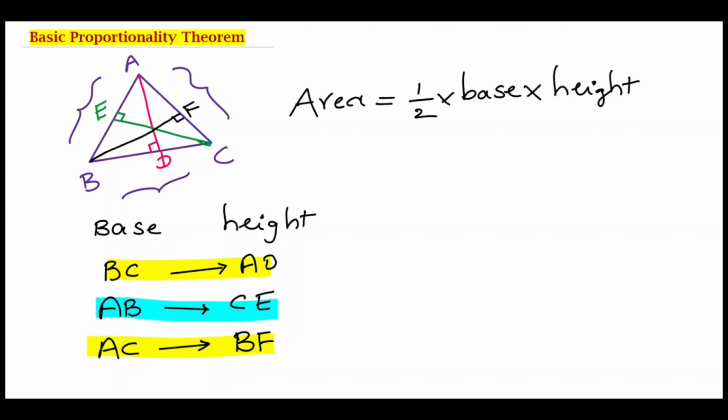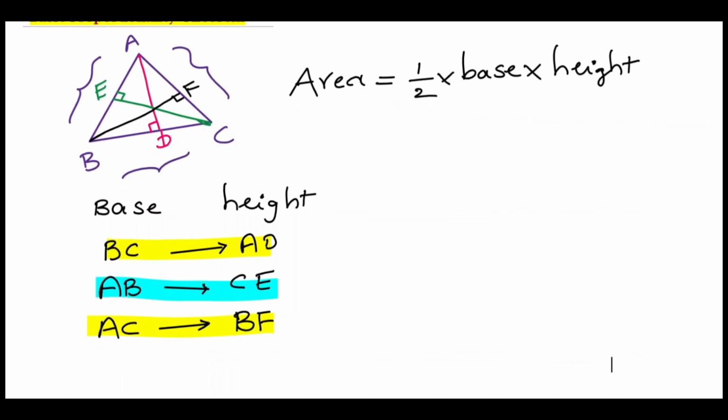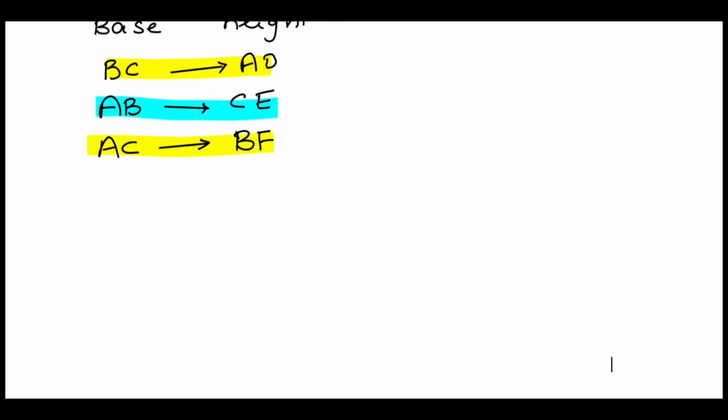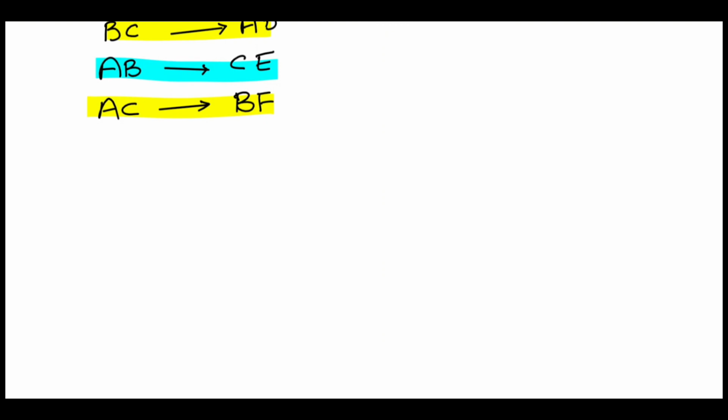Clear. Now, another possibility: in case of an obtuse angle triangle, what do we need? This is an obtuse angle triangle. I'm going to take it as P, Q, R. This is the obtuse angle. Obtuse means more than 90 degrees.